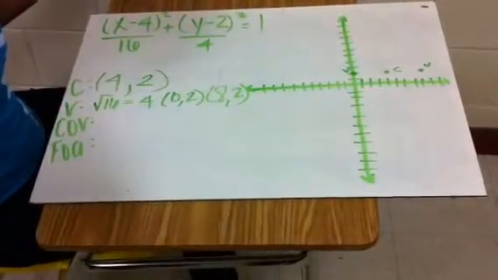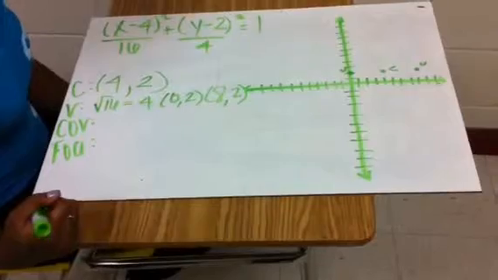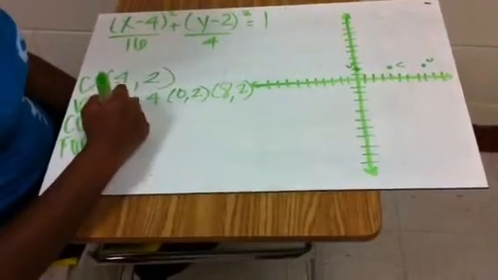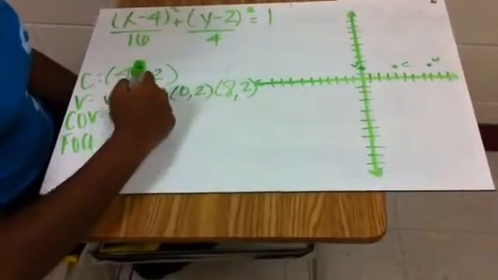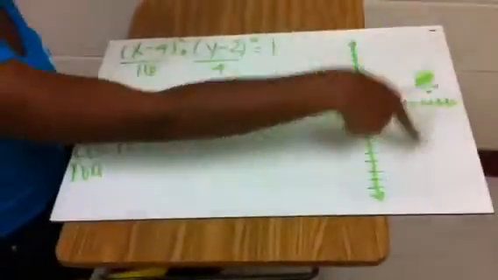Next, you have to find your co-vertices, which is always the smaller number. In this case, the smaller number is 4, so you take the square root of 4, which equals 2. So now, from the center point, you're going to go up and down 2.